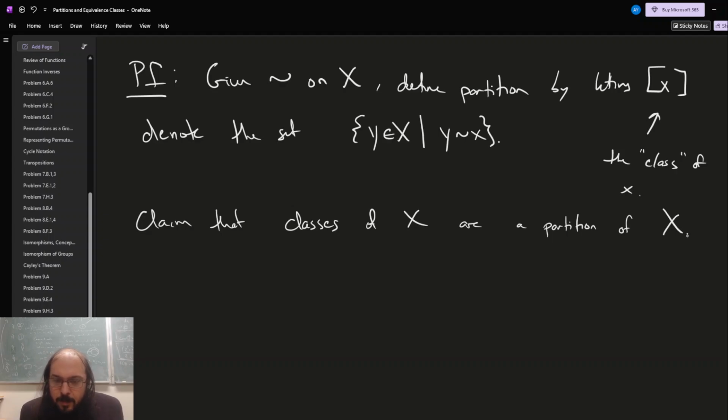So in order to see that, we have to see that what we have done is actually divide X into a family of sets, which are non-empty and disjoint, and whose union is everything.